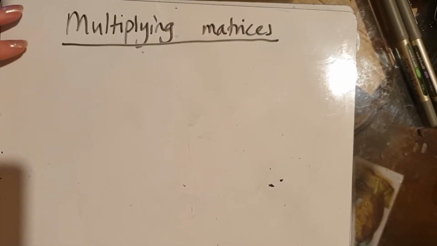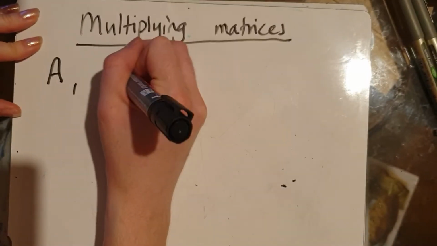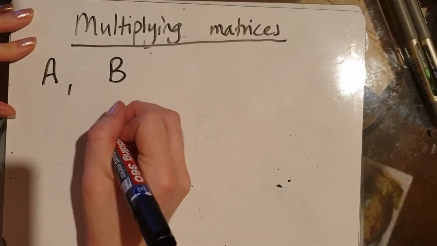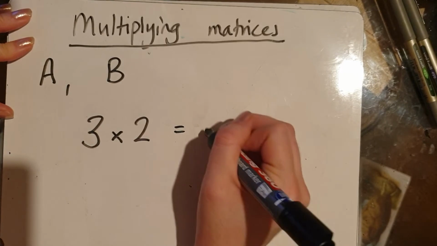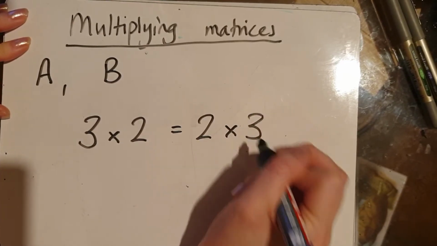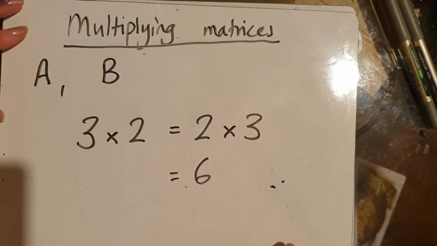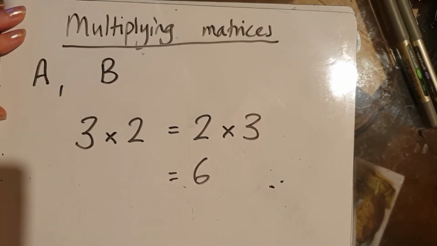Now, let's say we have two matrices A and B. When we're multiplying numbers together, 3 times 2 is exactly the same as 2 times 3. They both equal 6. That's because multiplication under the number system is commutative.